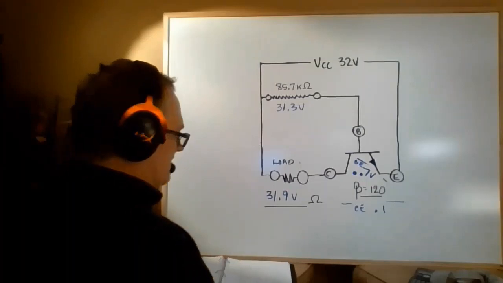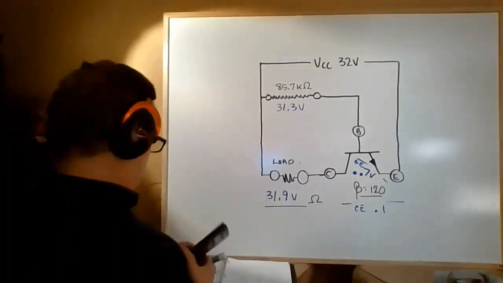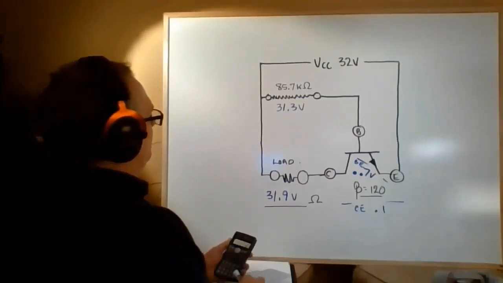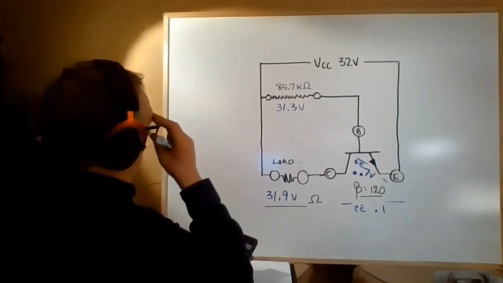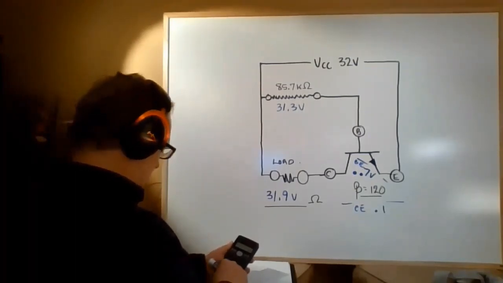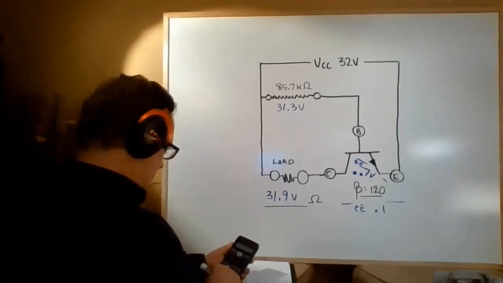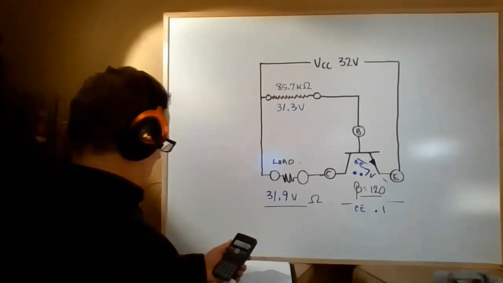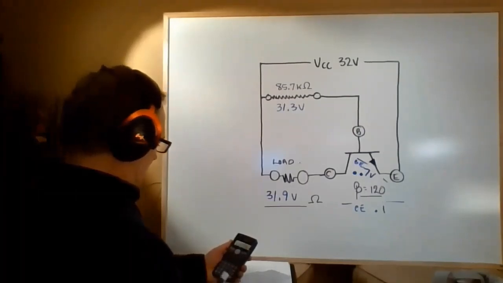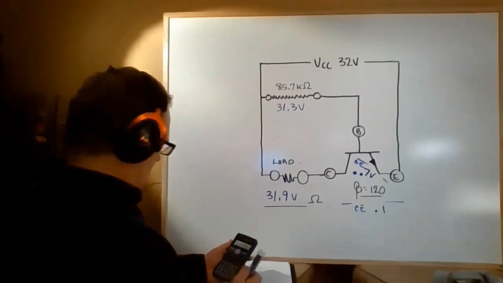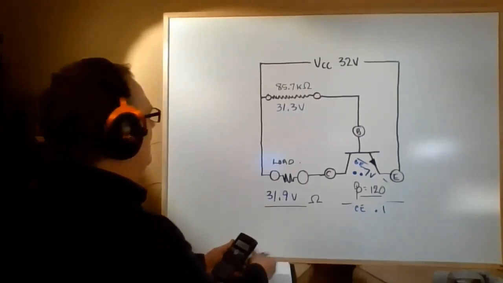There's only one that we have enough information to actually calculate, and it's the base current. So I is E over R, so we're going to go 31.3 volts divided by 85,700, and that gives us, looks to me like, 0.365 of a milliamp.